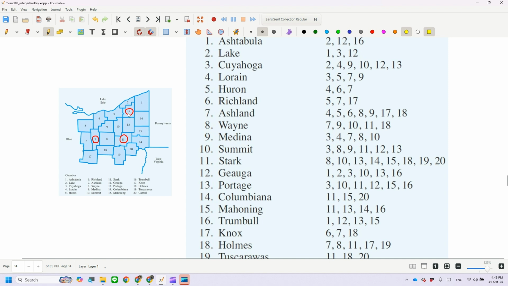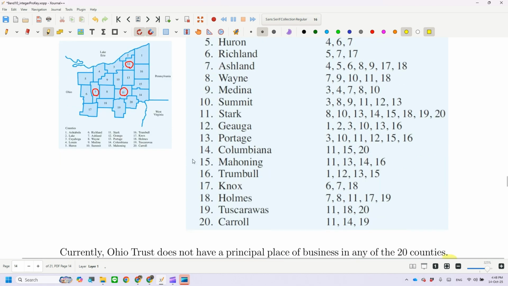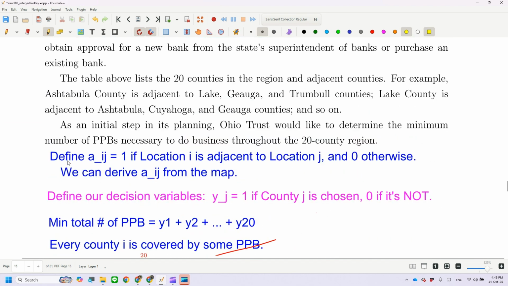So for example, if I set it up in number 12, customers in counties 1, 2, 3, 13, and 16 can come to this. So the branch in county 12 can take care of itself, and counties 1, 2, 3, 13, and 16. Okay, so the goal is to find the minimum number of branches necessary to do business throughout the 20 county region.